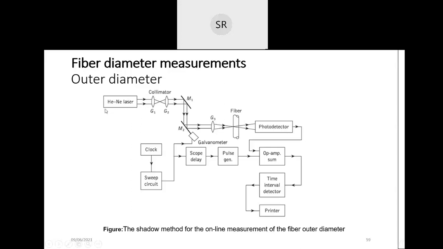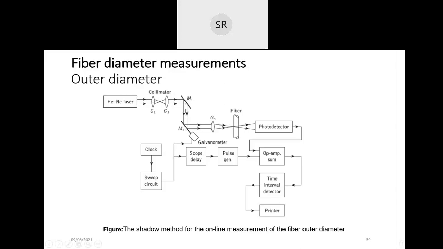We have a light source, and G1 and G2 are two lenses used to propagate the given operating wavelength of the fiber.